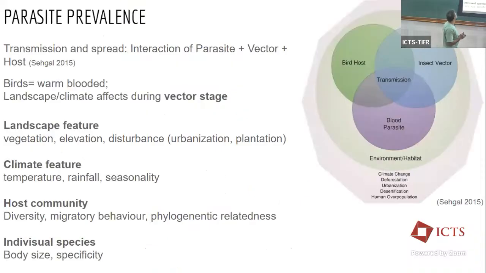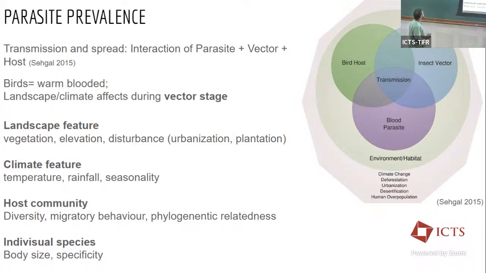What could be happening in the wild? This is a very nice paper by R.N.M. Sehgal, which has a good literature review of how the different parasites are responding to the habitat parameters. Several studies are nicely accumulated together, and I will share this in the drive. It's a very, very well written review that you should go through.